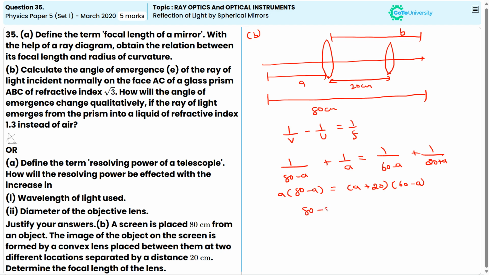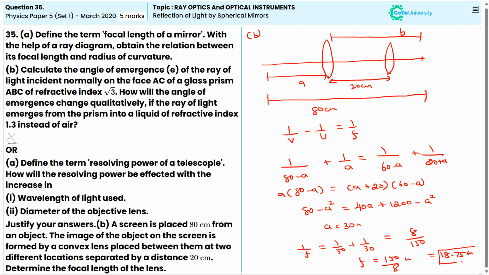Again we get 80A minus A square equal to 40A plus 1200 minus A square. If we solve for A, we get the value of A as 30 centimeter. So 1 by f equals 1 by 50 plus 1 by 30. If we simplify this, we get 8 by 150. So f is equal to 150 by 8 centimeter, so the value is 18.75 centimeter. Now the question is, what is the focal length of the lens? The focal length of the lens is 18.75 centimeter.